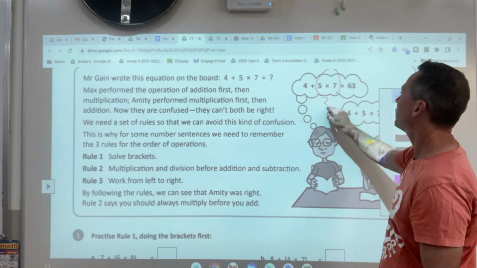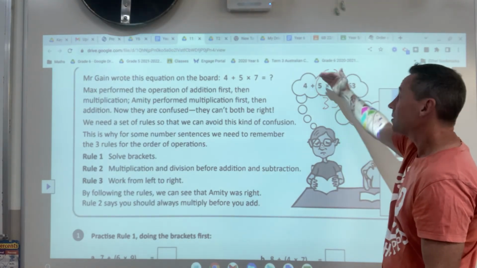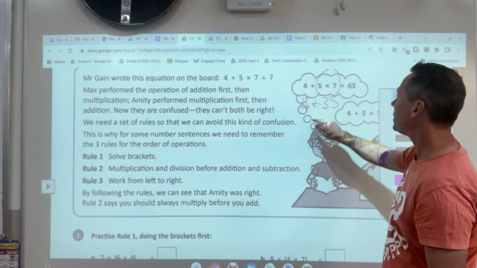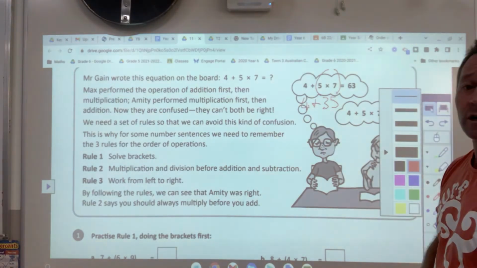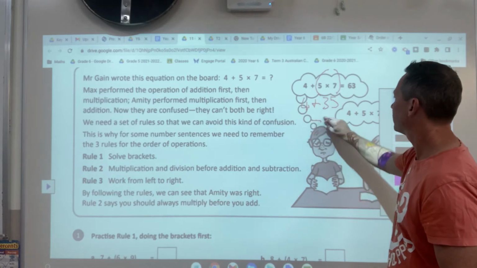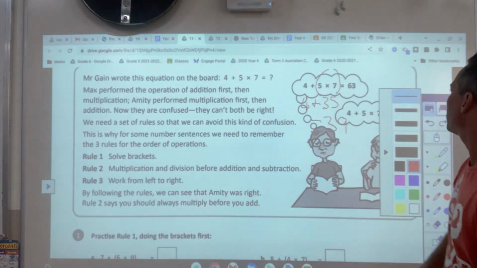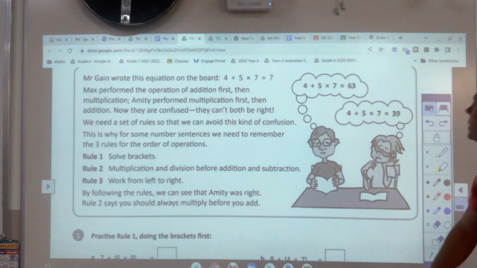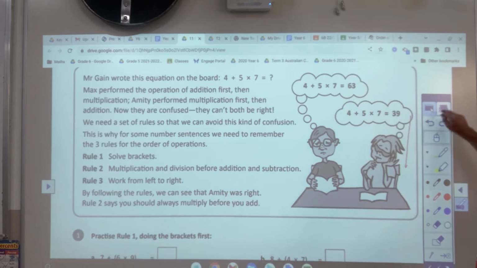So that's when I put the brackets around. 5 times 7 is 35. Bring the rest of it down, straight underneath, so it's on the next line. 4 plus 35 equals 39. Let's see who was right. Clearly the girl was.